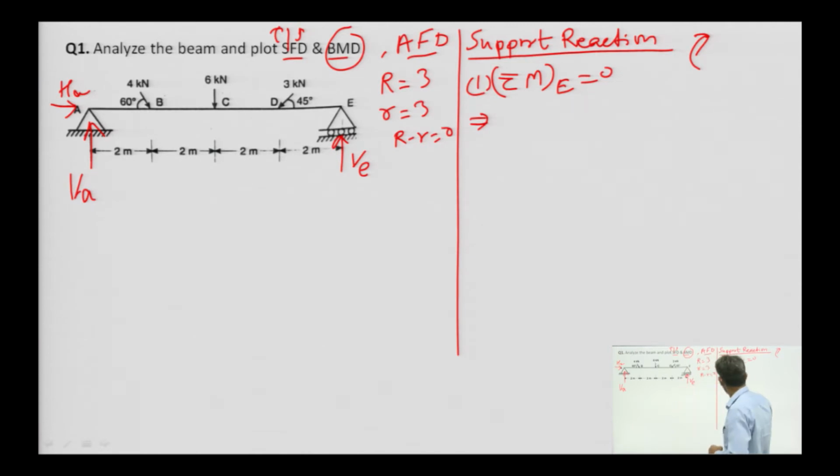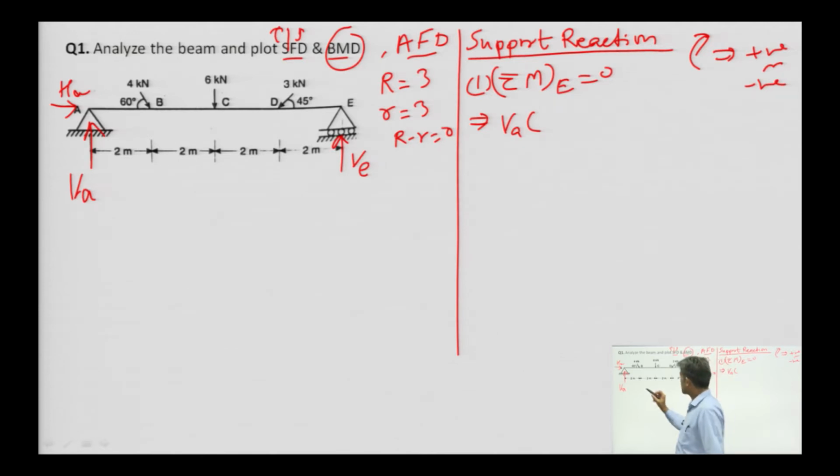In calculating the support reaction, you can take it as positive or negative, no problem. If it is positive, its reverse will be negative, and vice versa, no issue. Because it is an equation, the signs will cancel out. So the moment at point E is VA multiplied by the total distance.